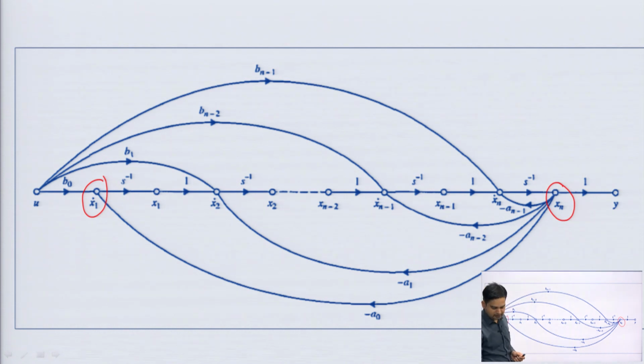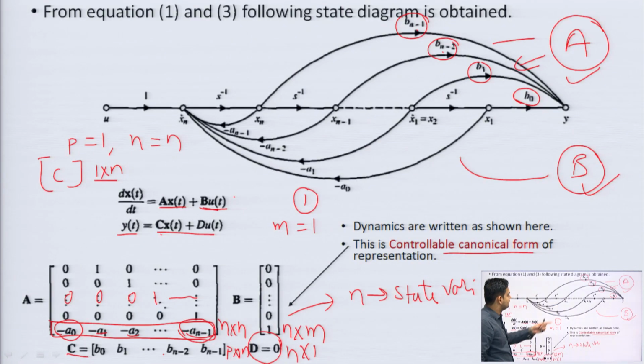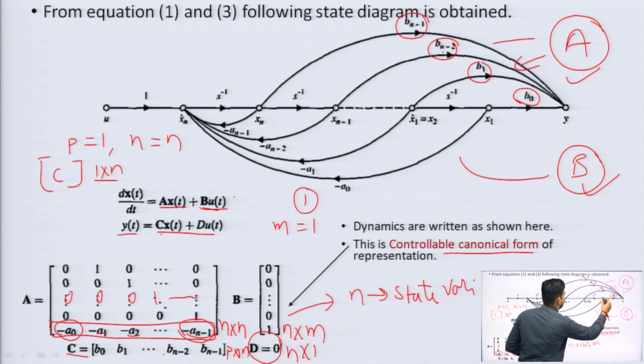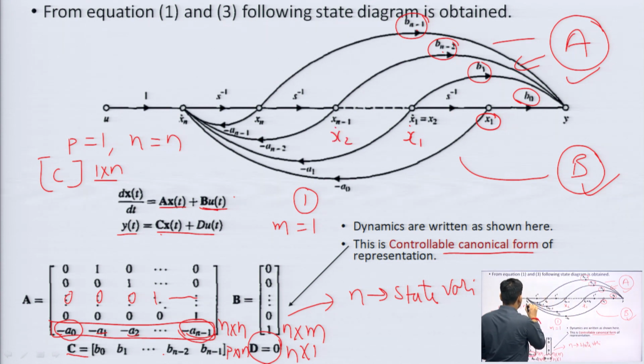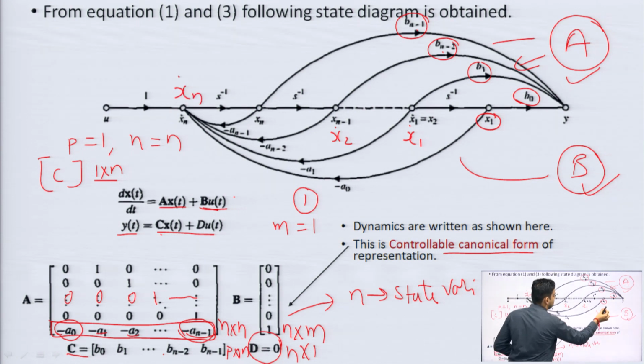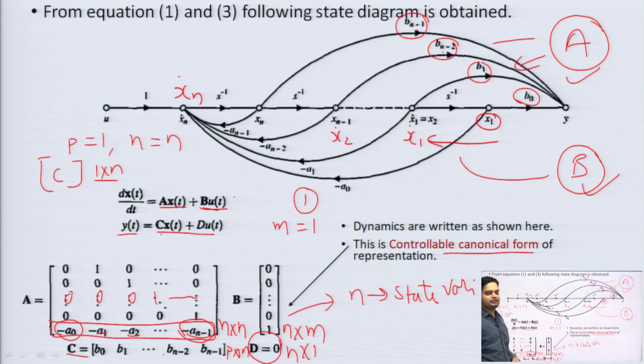If we compare with the previous case, that was my diagram. I assumed the counting of state variables: this node is x 1 dot, this node is x 2 dot and x 3 dot, and in the same way the last node is x n dot. So I start in ascending order in case of CCF, and this was the SFG.